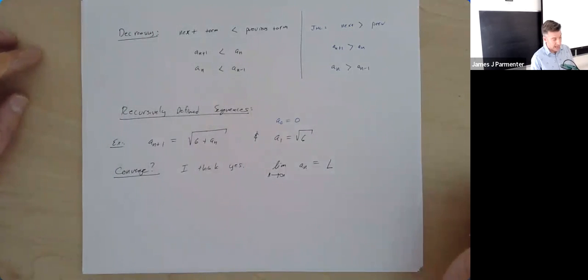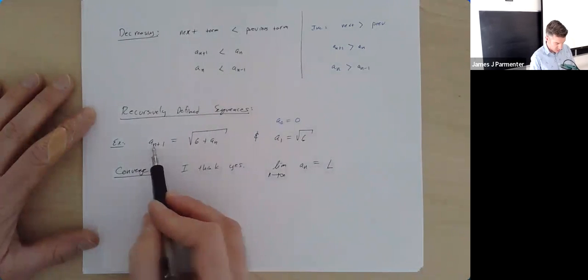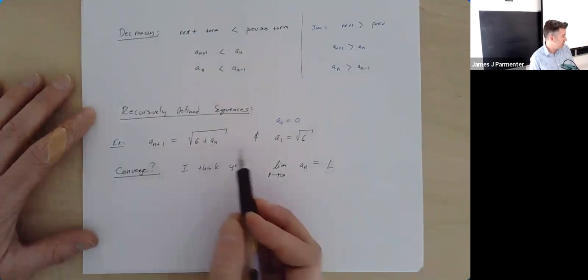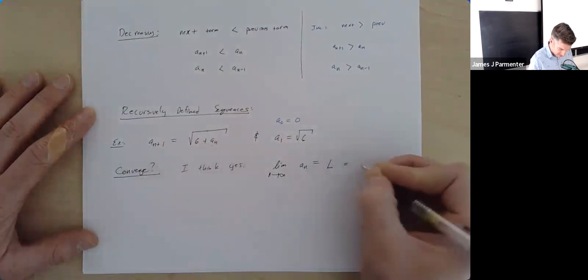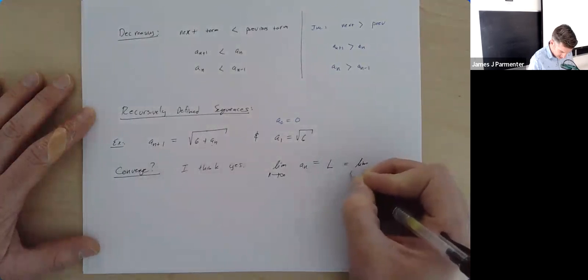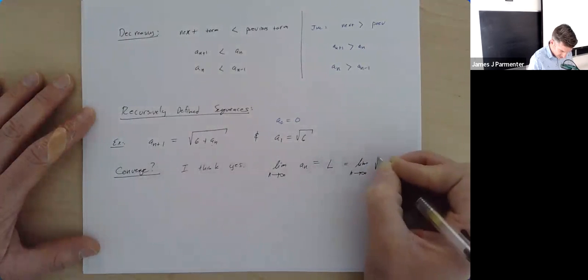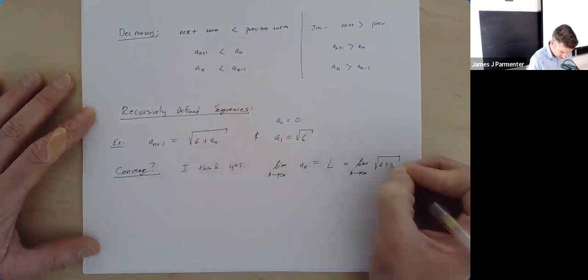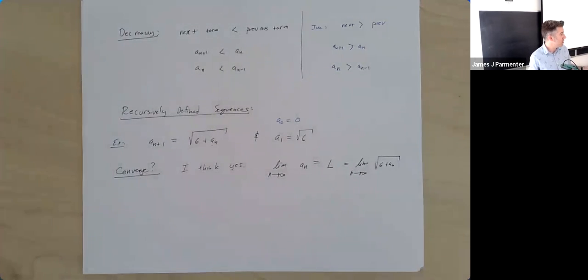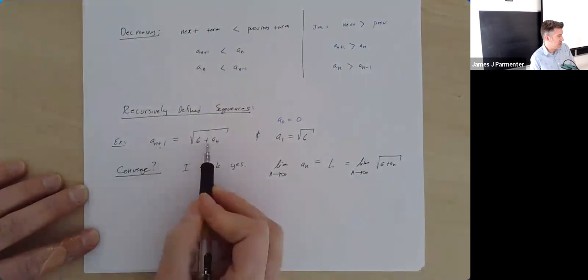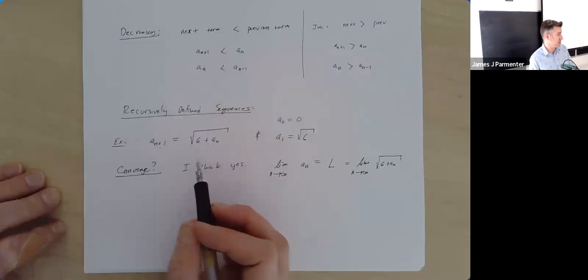But if the limit actually exists, that means it's the limit of either this or this, right? They're the same thing. So I could really say this is going to be the same as the limit as n goes to infinity of the square root of 6 plus a sub n. This thing here and this thing here should go to the same place if that limit actually exists.